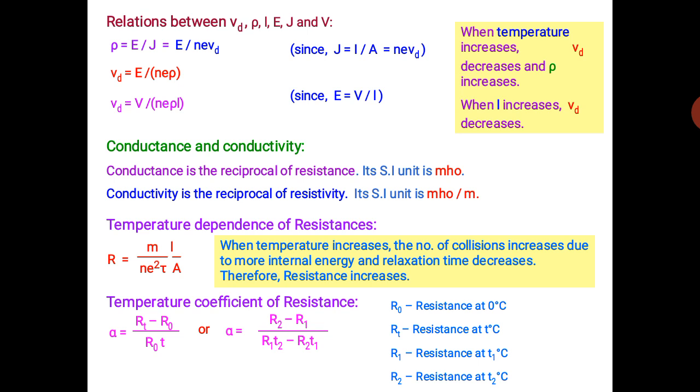Similarly, R1 and R2 are resistances at temperatures T1 and T2 degree centigrade respectively. And remember, this alpha is positive for conductors and negative for insulators and semiconductors.